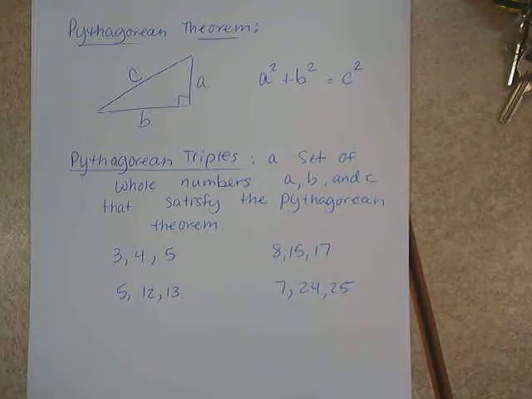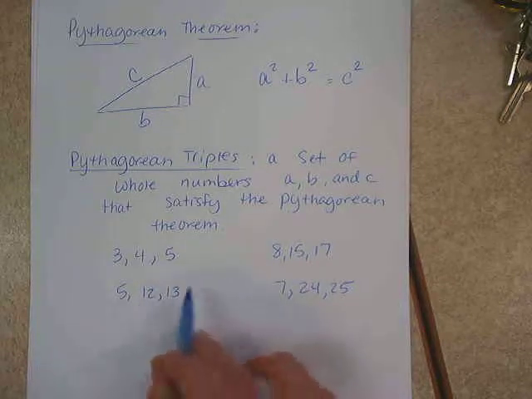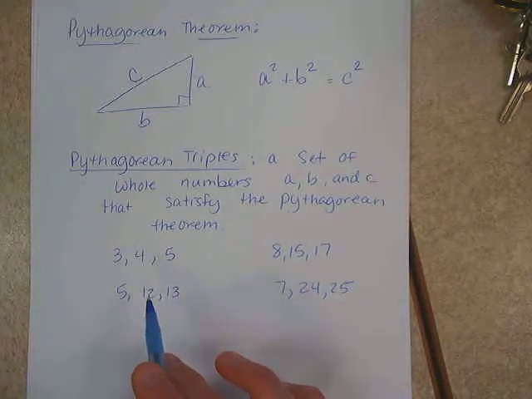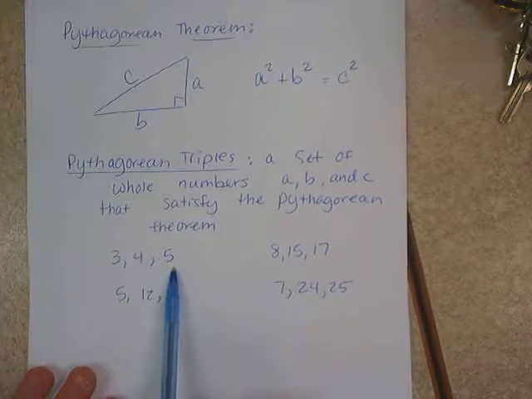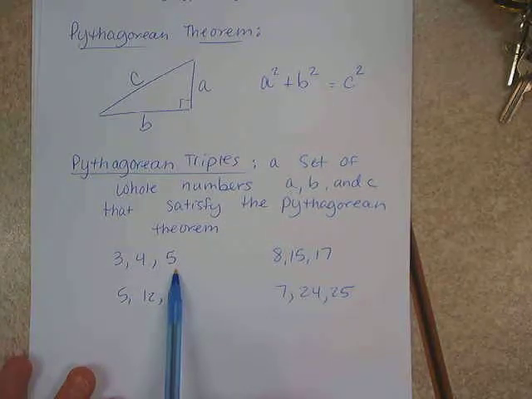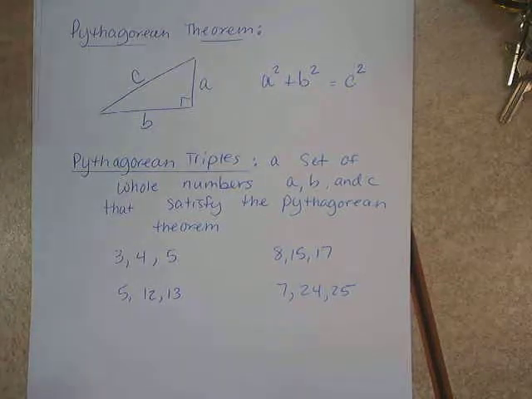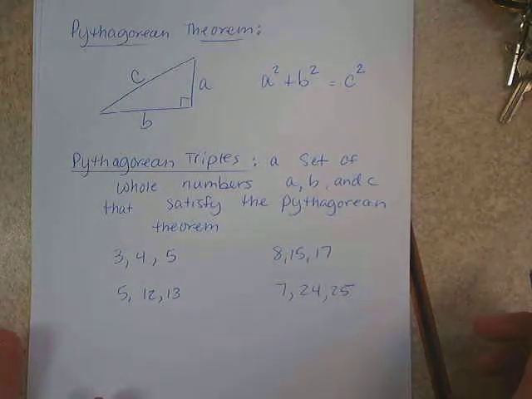To be honest, the one that I remember is the 3, 4, 5. I forget about some of the others. I know that 12 and 13 are involved in this triple, but then I always forget what the third number is. So I would say your most useful one is going to be 3, 4, and 5. That'll save you some time in different circumstances.